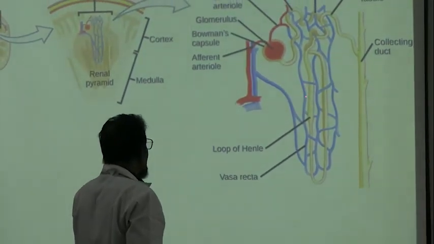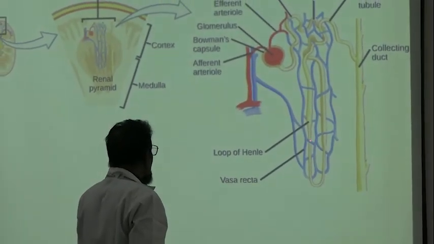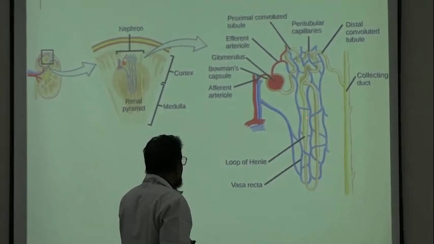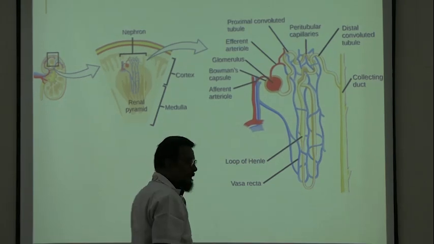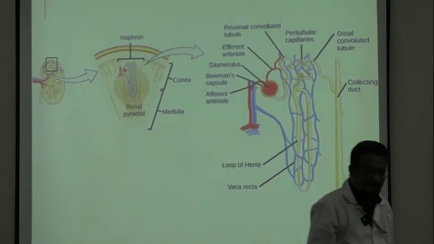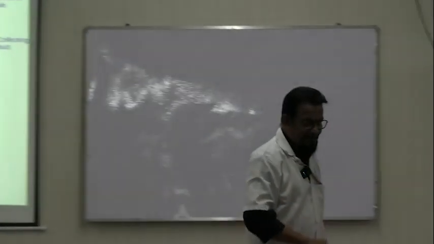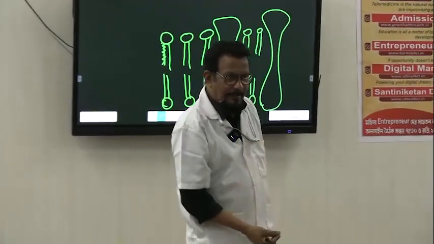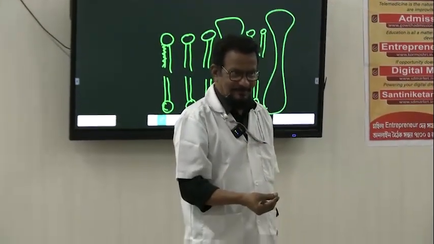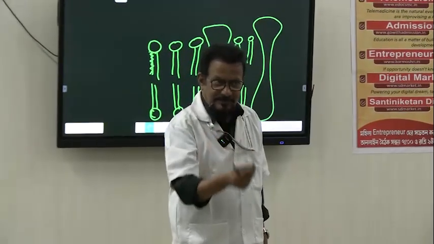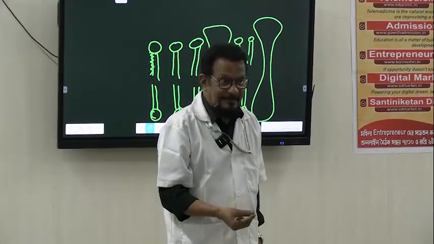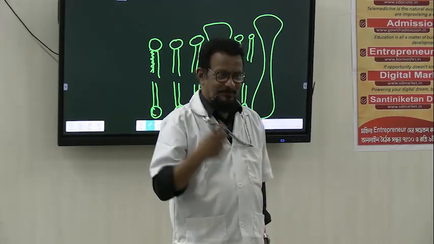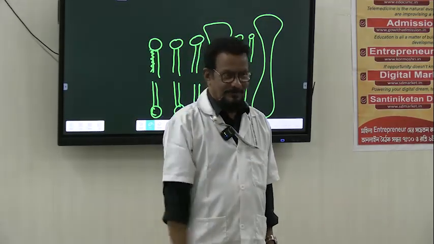This is the capillary and this is the tube. In between the capillary and the renal tubule there is a space. Actually there is no vacant space; it is occupied by interstitial cells. Some interstitial cells of the kidney generate erythropoietin.